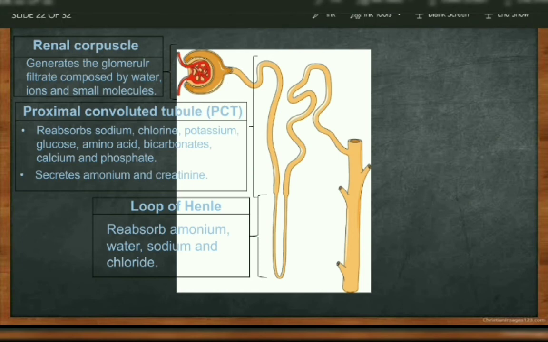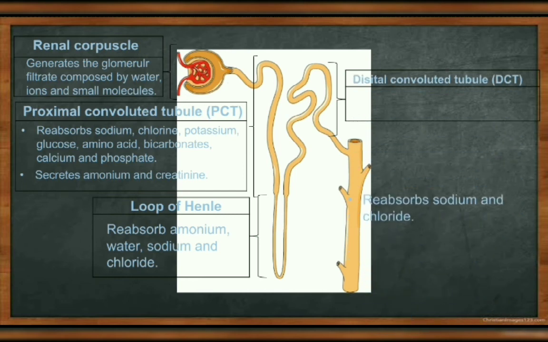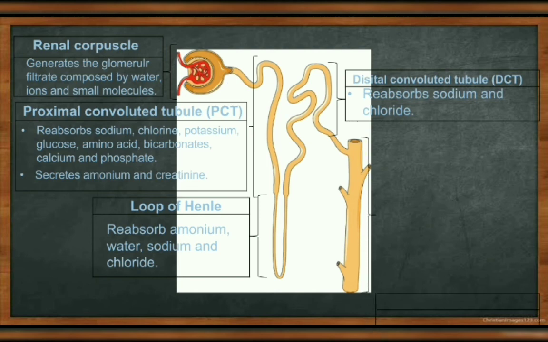Okay, this one is the DCT, the distal convoluted tubule. In the distal convoluted tubule there is reabsorption of sodium chloride. Whatever the function of the PCT is, the function of the DCT is the same, so you have to learn from that. Next one is called the collecting duct.